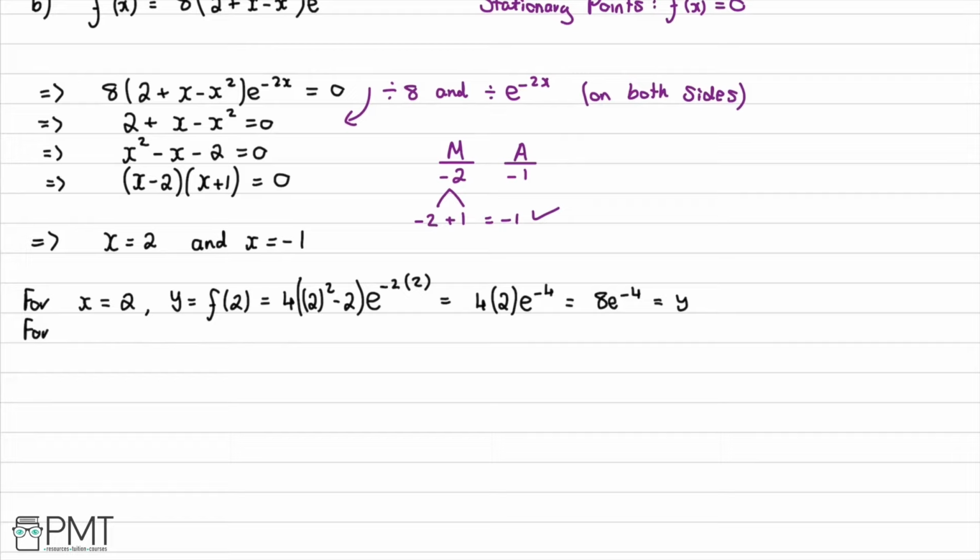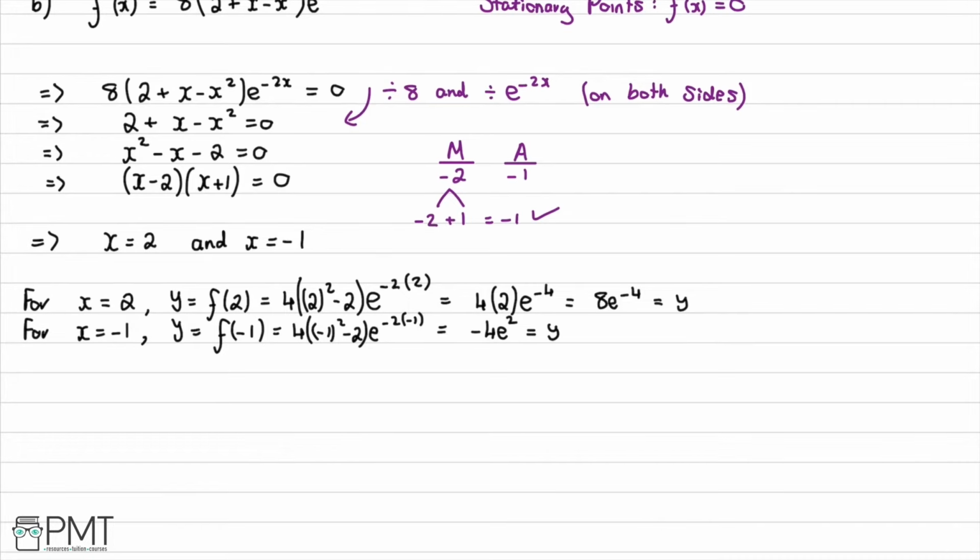And then for x equals minus 1, we'll do the same. y is going to equal f of minus 1, which is equal to 4 lots of minus 1 squared, subtract 2, and multiply that by e to the negative 2 times negative 1. Well, this is going to be equal to 4 lots of negative 1, which is negative 4e to the power of 2.